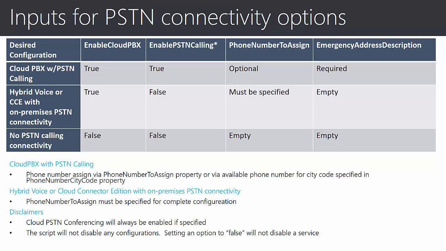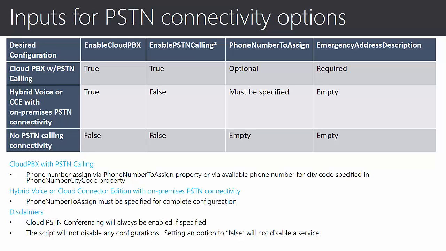What the difference is that with cloud PBX with PSTN calling, you are going to set one of the PSTN calling options, whether it's domestic or domestic and international, to true. If you are doing hybrid voice or on-premises PSTN connectivity, you want both of those options to be false. And then based upon those options, I will be looking at which phone number to assign.